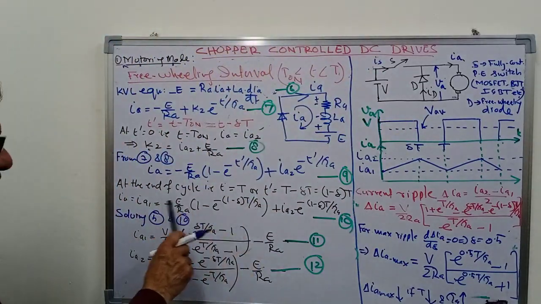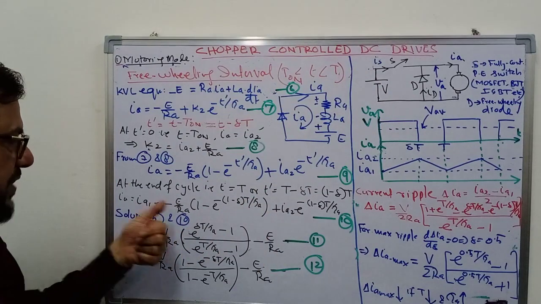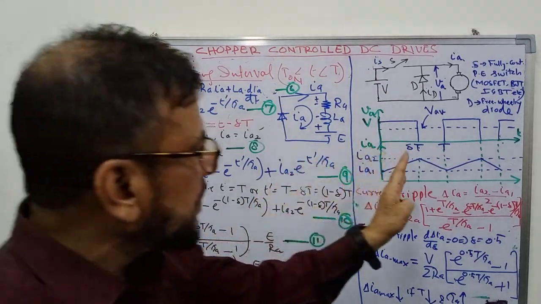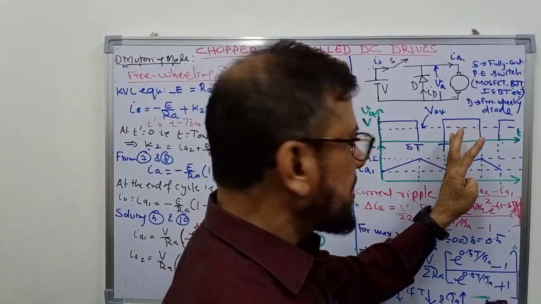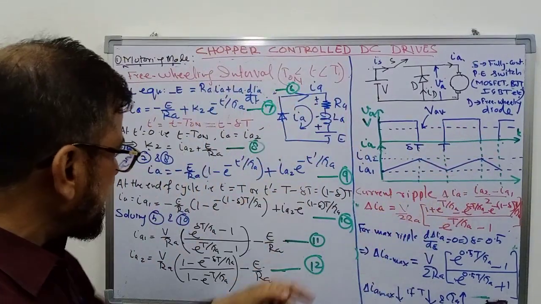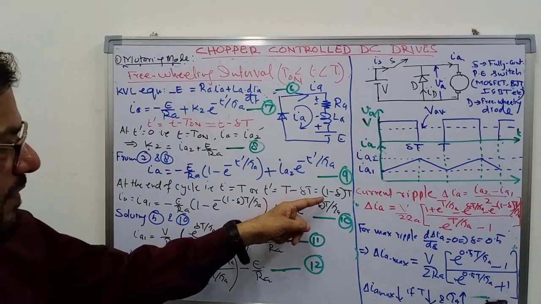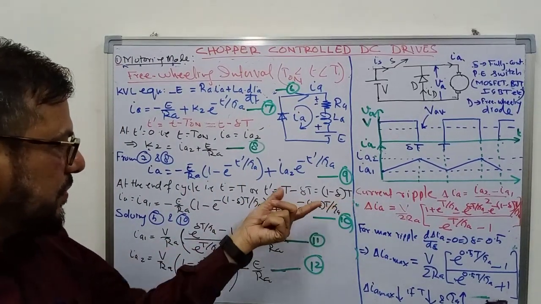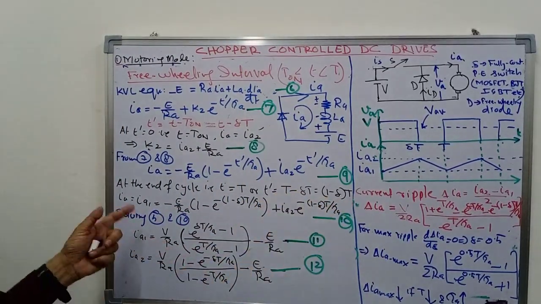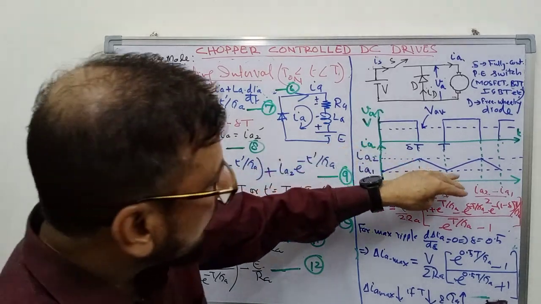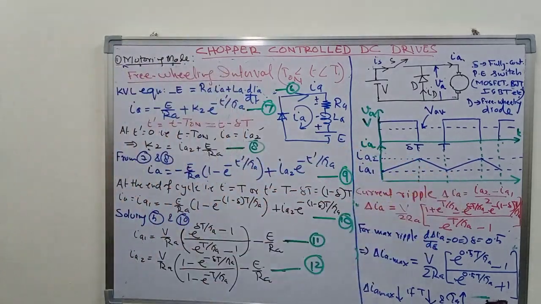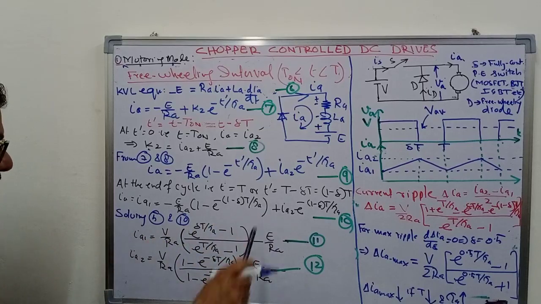So at the end of this cycle, that is at the end of the freewheeling interval, that is at t equal to capital T, or t' is equal to T minus delta T, that is (1 minus delta) T, at this instant of time the current will be equal to the minimum value, that is equal to Ia1. So you put this value of t here.